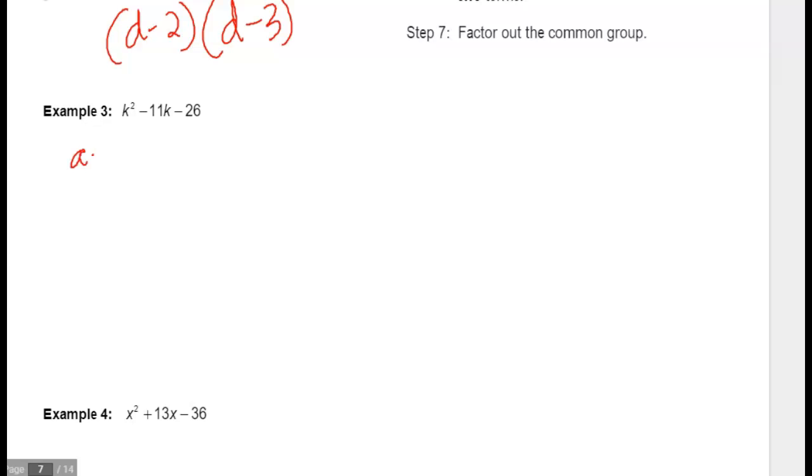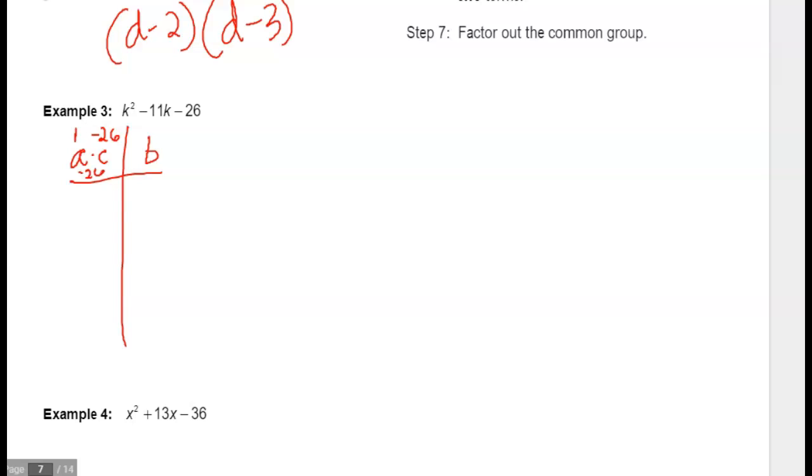So I always made my list like this. So I do a times c, and then my b. Now in this case, I have my a is 1. My c is negative 26. So my a times c is negative 26. It was 1 times negative 26.